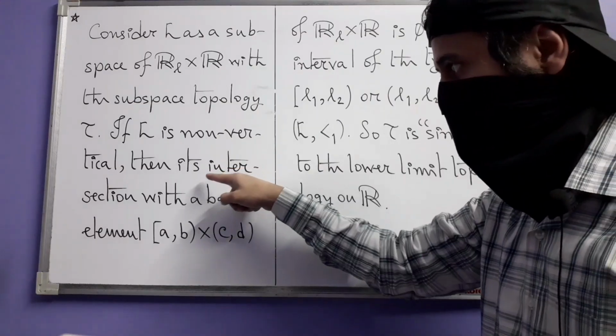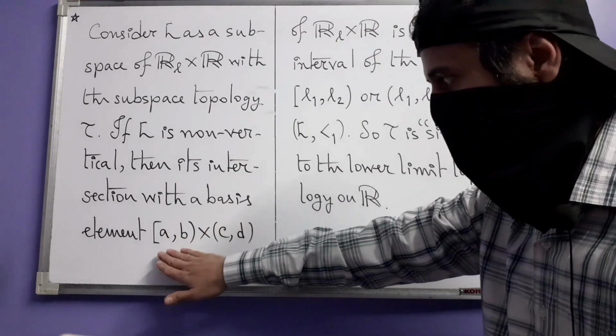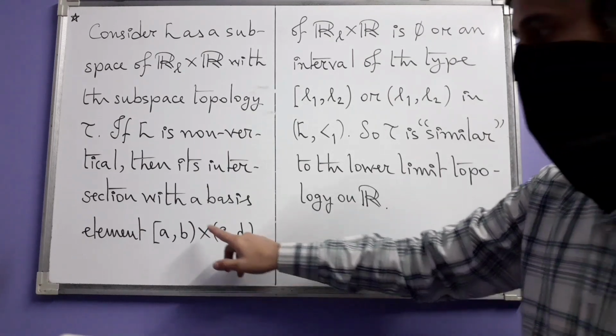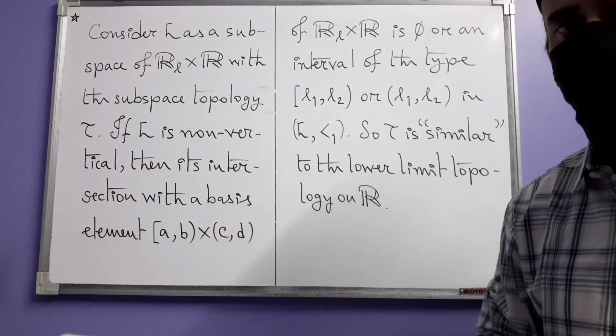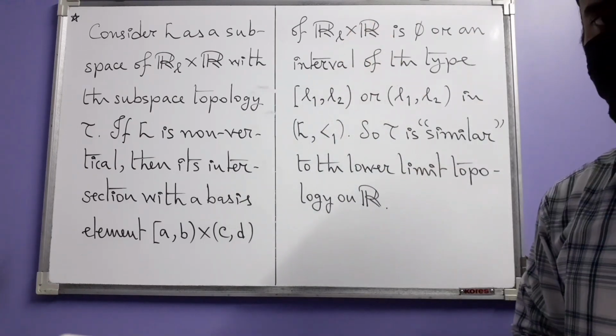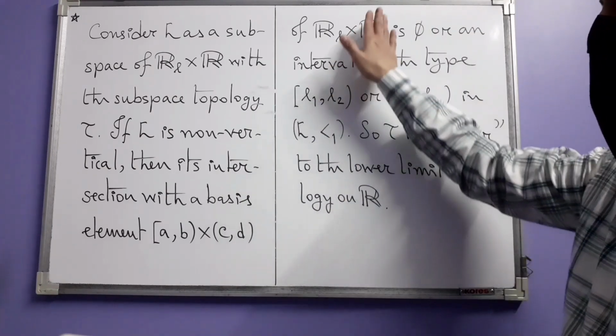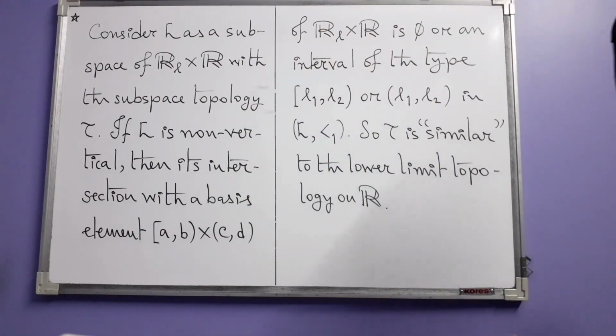Then the intersection of L with a basis element, this closed-open interval [a, b) times the open interval (c, d), a basis element of what? A basis element of this topology, the product topology.